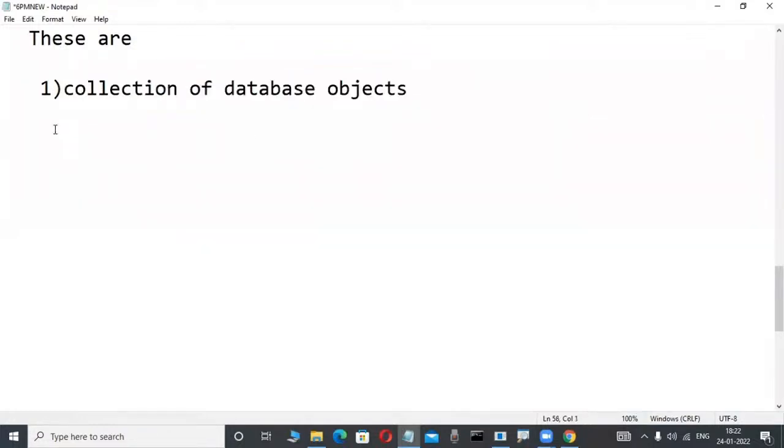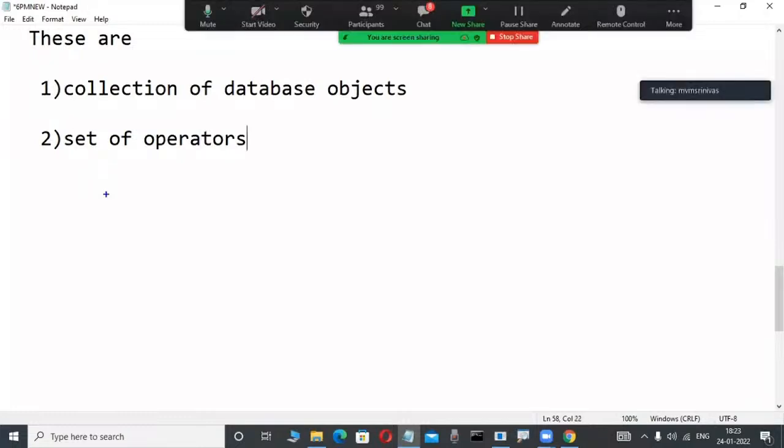In our courses we are learning not only the collection of database objects. In any relational data model product we observe another easy concept. What is that? A set of operators is available. Operator means, as you think of in C language or Java, equal to, less than or equal to, greater than or equal to, not equal to.